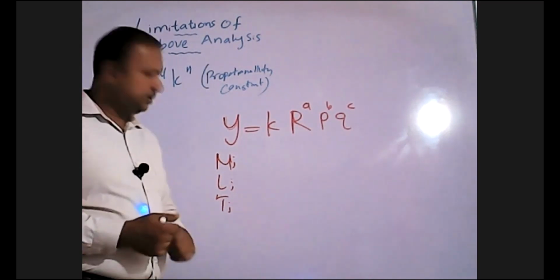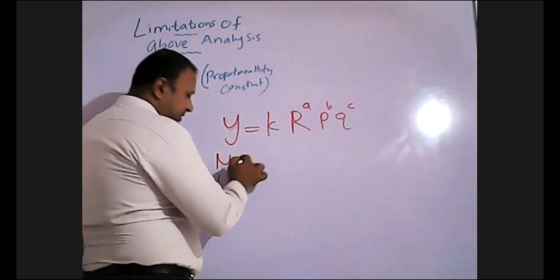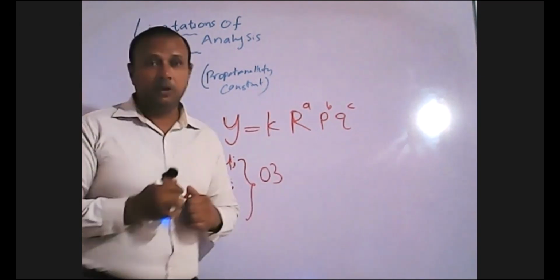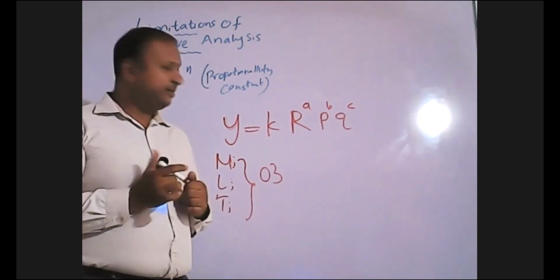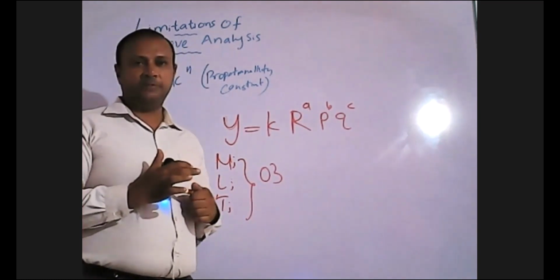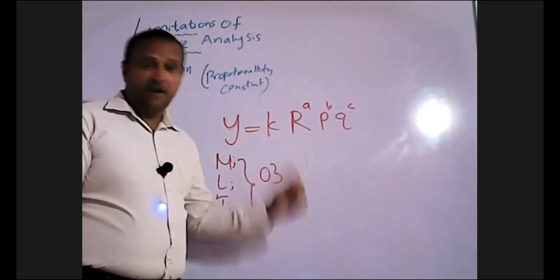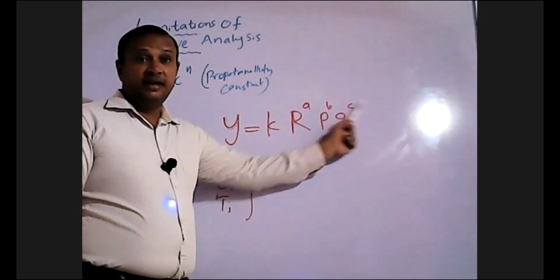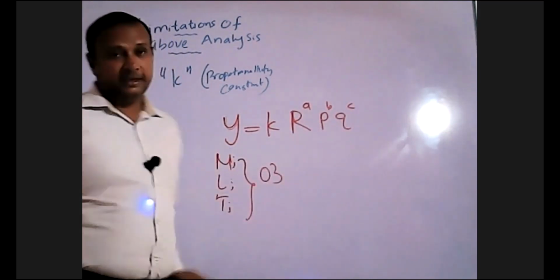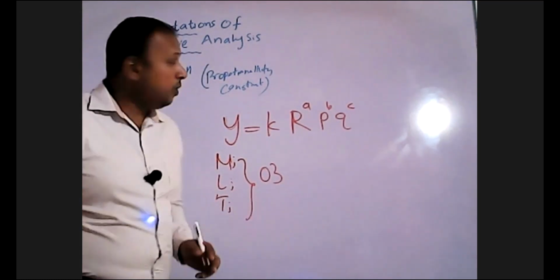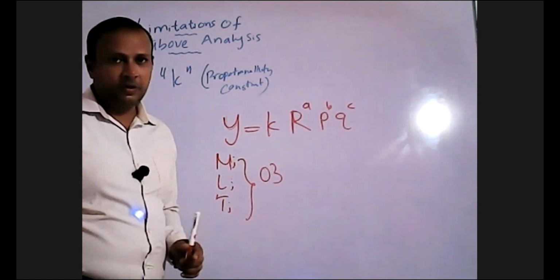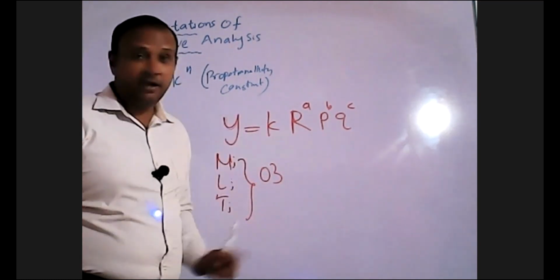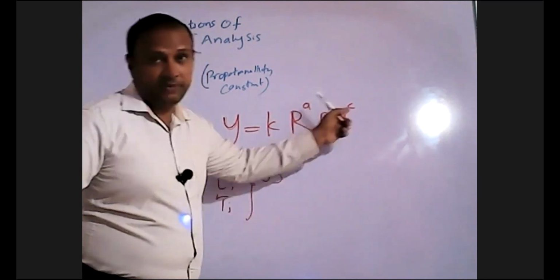Then there's another limitation. I can find only up to 3 unknown factors here. Beyond that, I cannot find. So the maximum unknown factors that I can find through this method is 3.